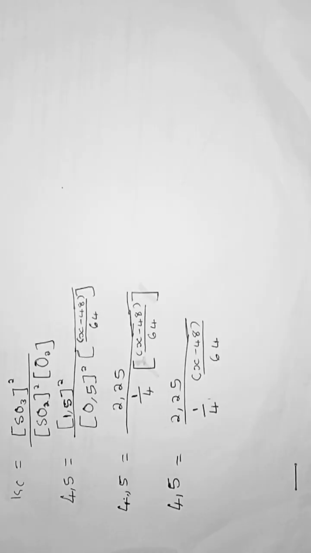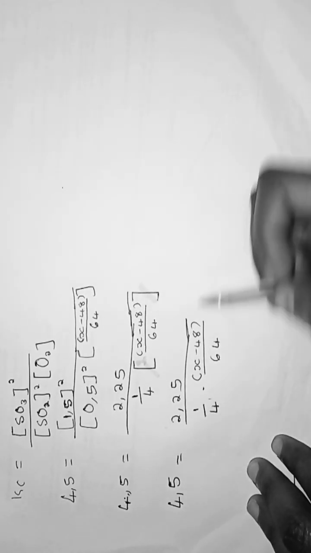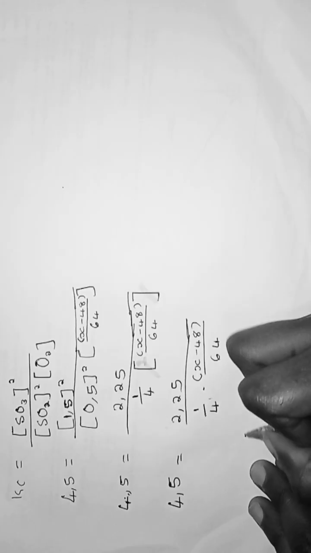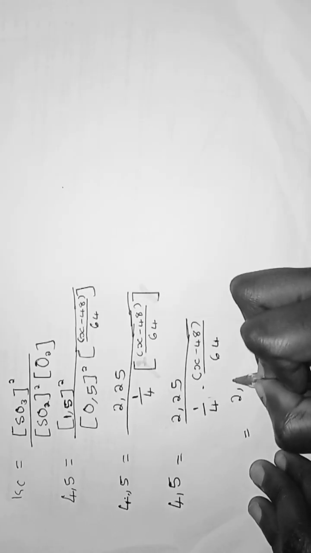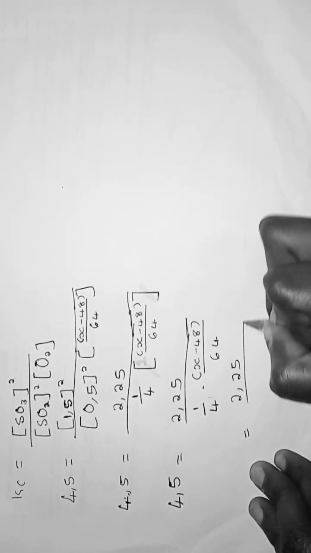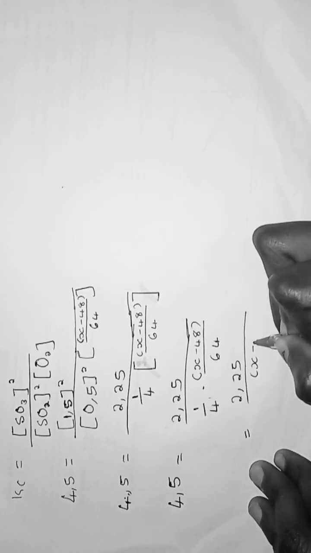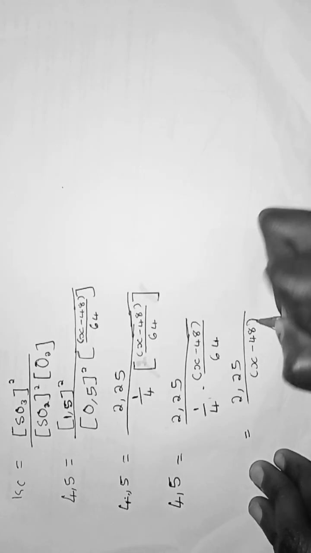After that, I'm going to multiply numerator and numerator, denominator and denominator. So 1 times x minus 48 is going to be x minus 48.